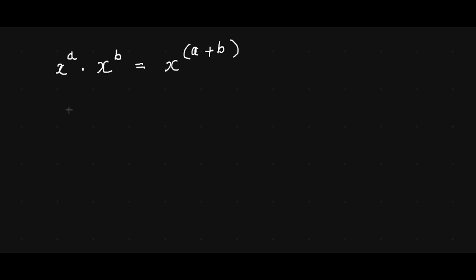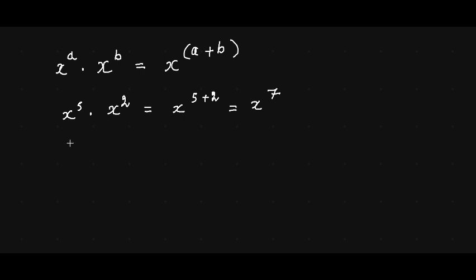As an example, if it is x to the power of 5 multiplied by x squared, then you can easily say that is equal to x to the power of 5 plus 2, or x to the power of 7. You should remember this, but I'm just giving you a refresher.